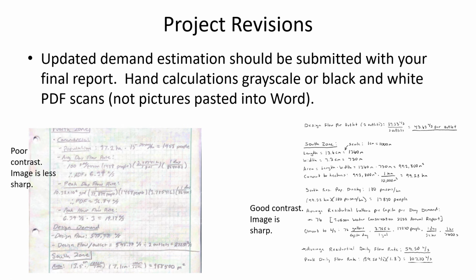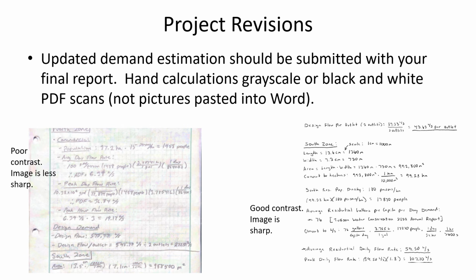So when you do your revised hand calculations, please make sure that your images are PDF scans and not just a picture that you've pasted into Word, because the PDF scanning tools are able to correct for things like keystoning, which is when you take a picture of the page at an angle.